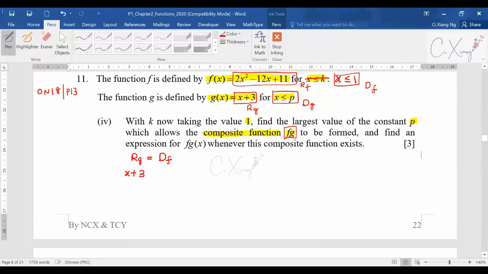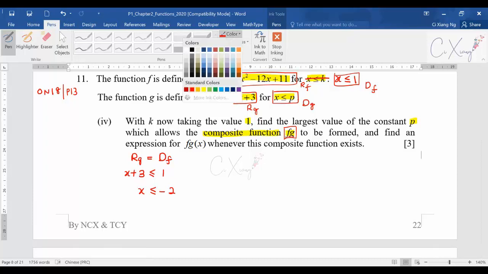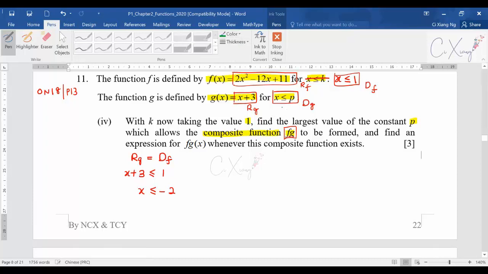The domain of f is x smaller than or equals to 1, therefore the range of g is smaller than or equals to 1. So what is the value of x that you should have? 1 minus 3 becomes negative 2. Compare x smaller equals to p with x smaller equals to negative 2, and very easily you will get the answer, p equals to negative 2.